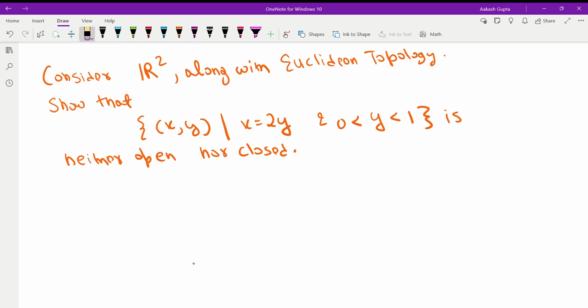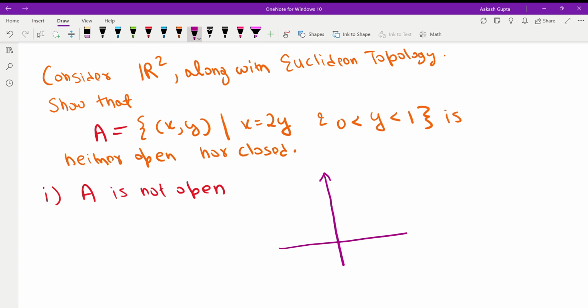So let me begin. Okay, so let us denote this set by, say, capital A. Capital A is not open. Let us see why. So let's first plot this.